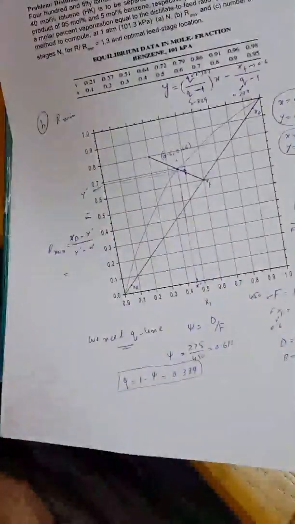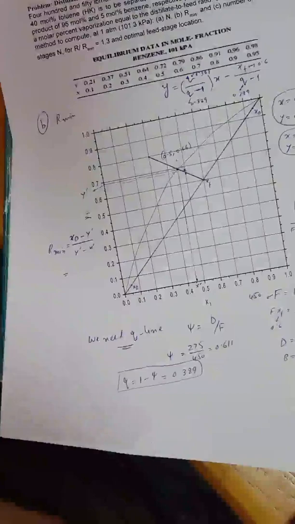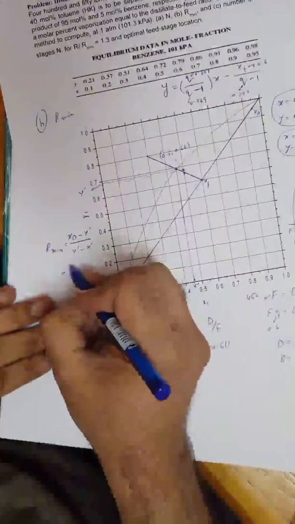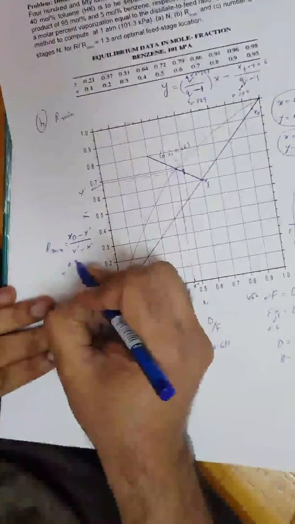So we got the y prime, let's say it looks like 0.68, and xd is 0.95.